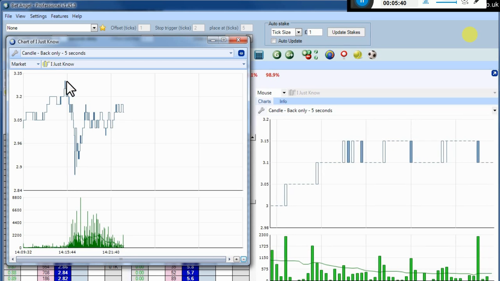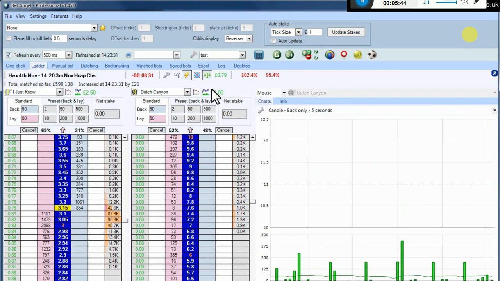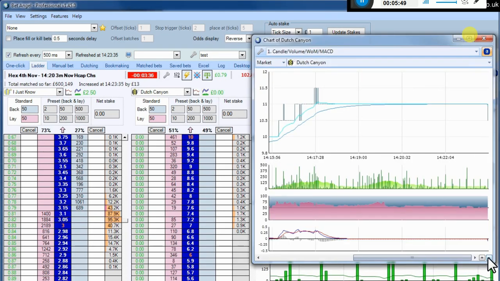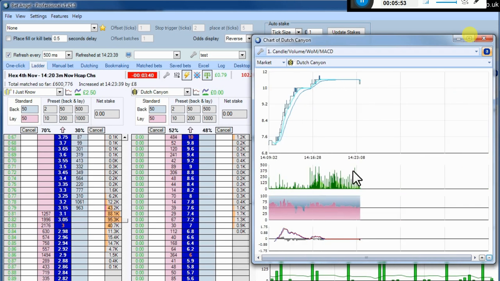Also, if you get the second favourite up, just to compare, just let me get that up, and then if you see this minus symbol on the software, if you click that all the way in, you'll see this particular second favourite started much lower in price, maybe 7.2, 7.4, and then steamed up dramatically and reached a point of about 11.